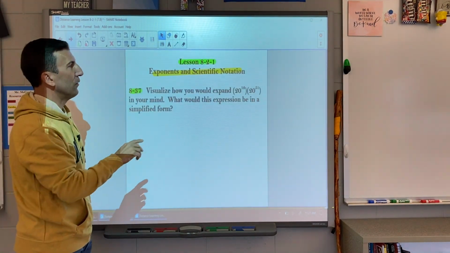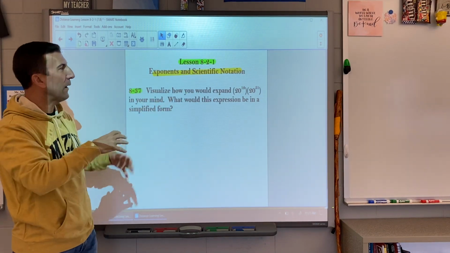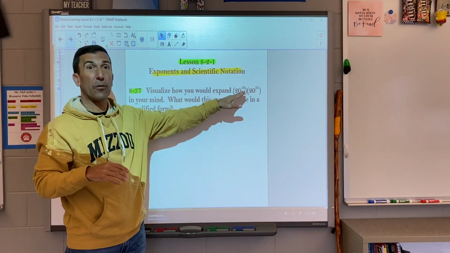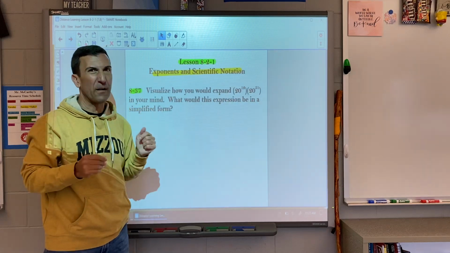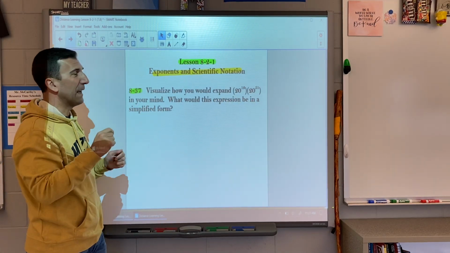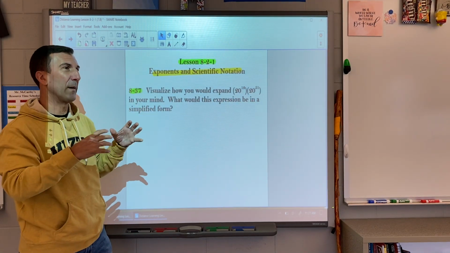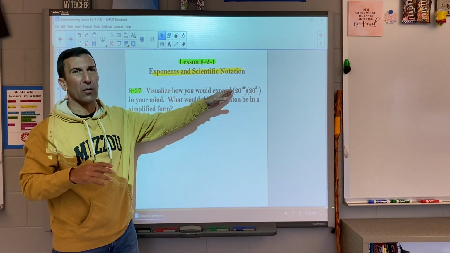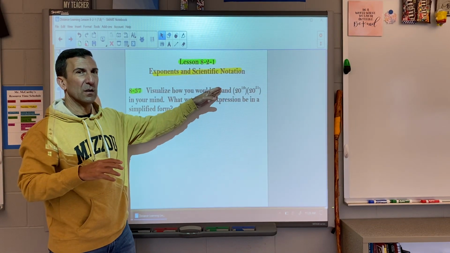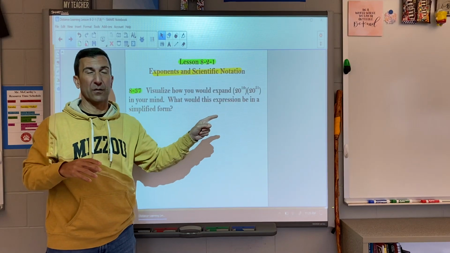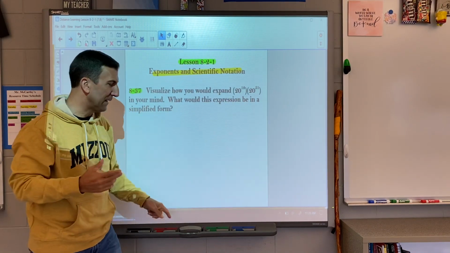Then we jumped up to visualizing this. So how would I expand 20 to the 12th power times 20 to the 51st power? As you were going through this, you were supposed to go, wait a minute, I had 12 of those, and I had 51 of those. So how many did I have total?